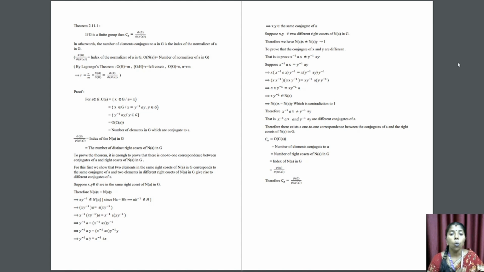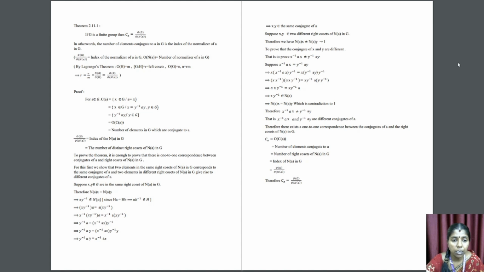That is the meaning of one-to-one correspondence. For this, we first show that two elements in the same right coset of N(a) in G correspond to the same conjugate of a, and two elements in different right cosets of N(a) in G give rise to different conjugates of a.